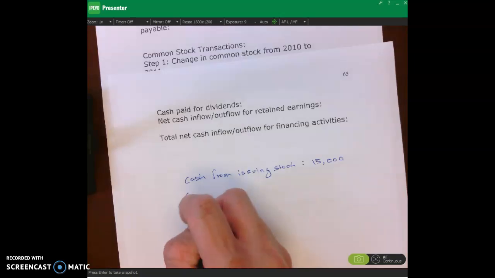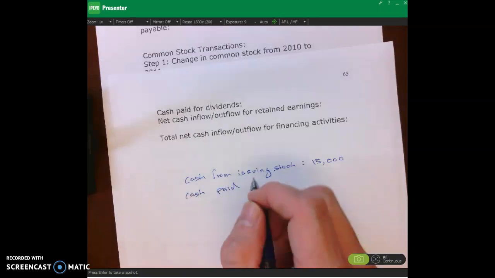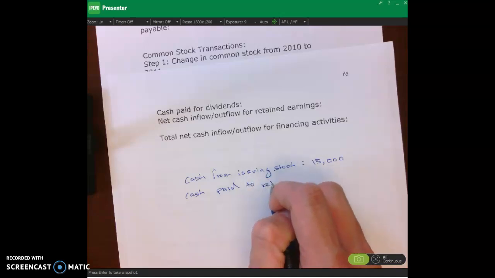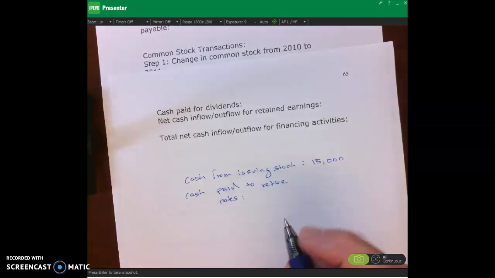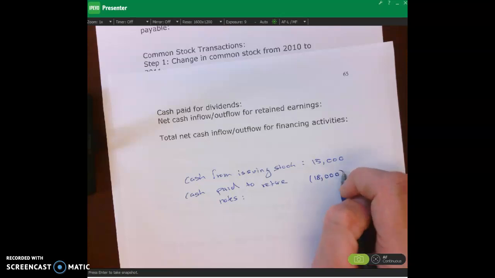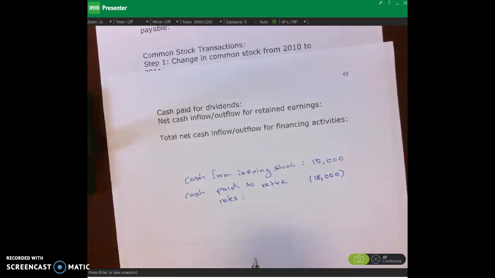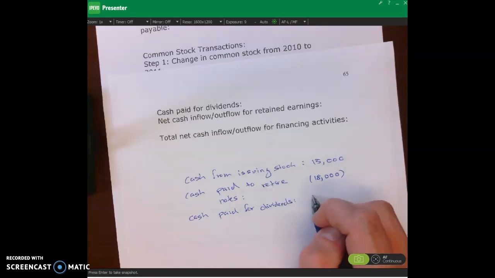And we could say cash paid to retire notes, $18,000. And we can say cash paid for dividends are $14,000.